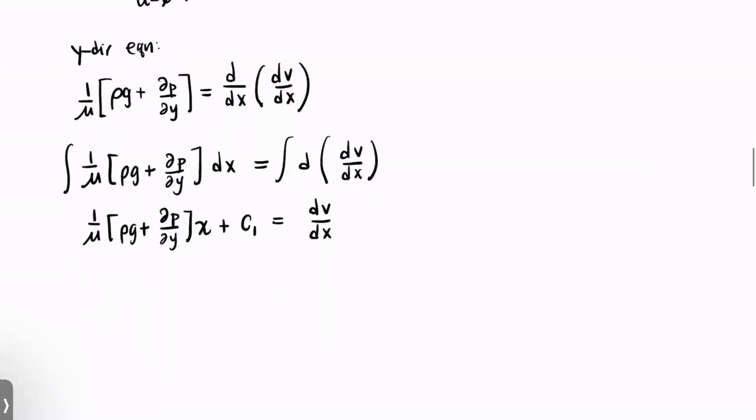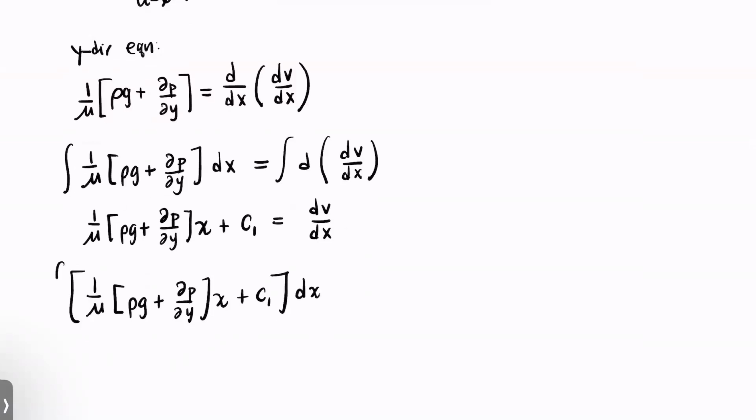Okay, I'm going to separate variables and integrate once more. So I have 1 over mu, rho times g plus partial p partial y, times x plus C1, all of that times dx, and that equals the integral of dv.